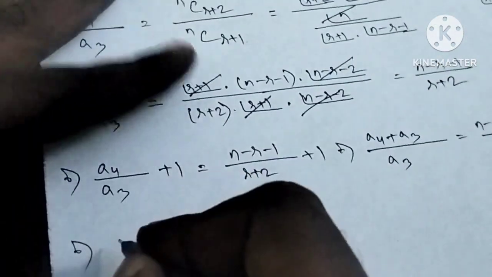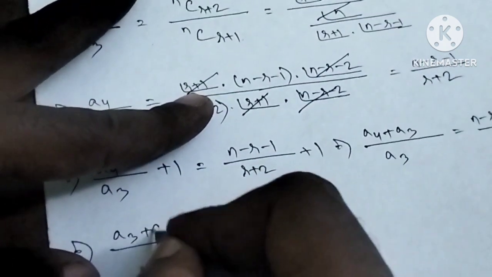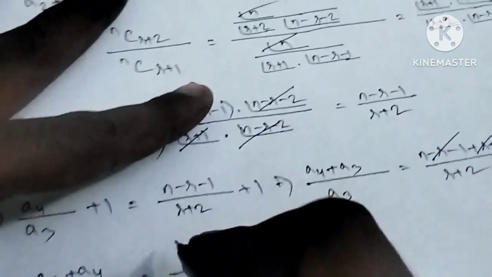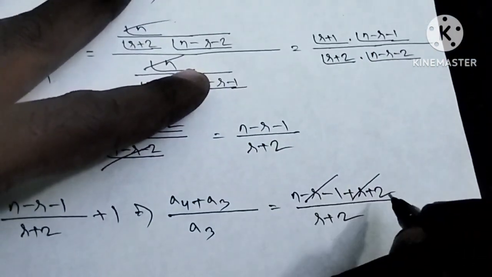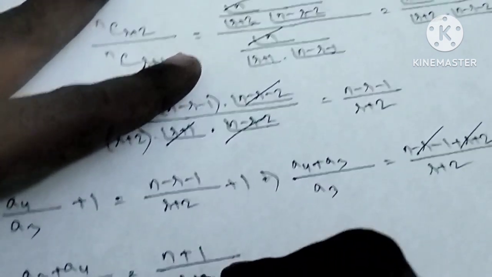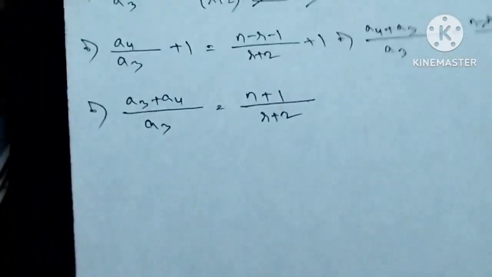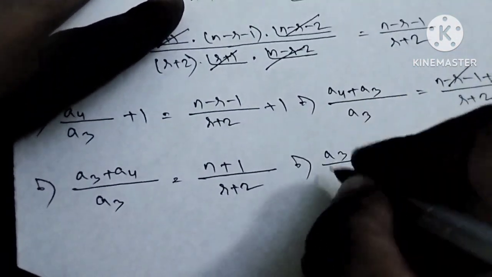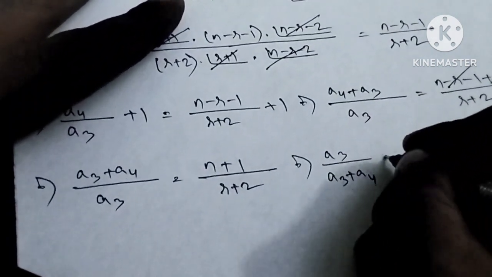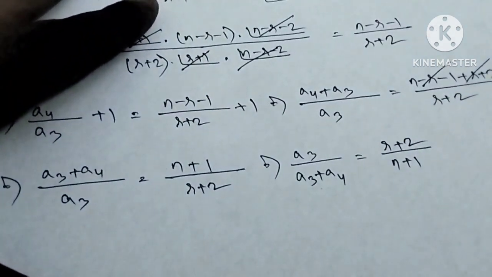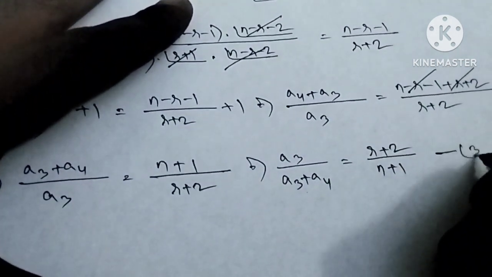So it will be (a3+a4) by a3 is equal to, minus r plus r will cancel each other, n minus 1 plus 2 is plus 1, (n+1) by (r+2). Clear? So now if we invert this, a3 by (a3+a4) is going to be (r+2) by (n+1). Okay, so name it as 3.